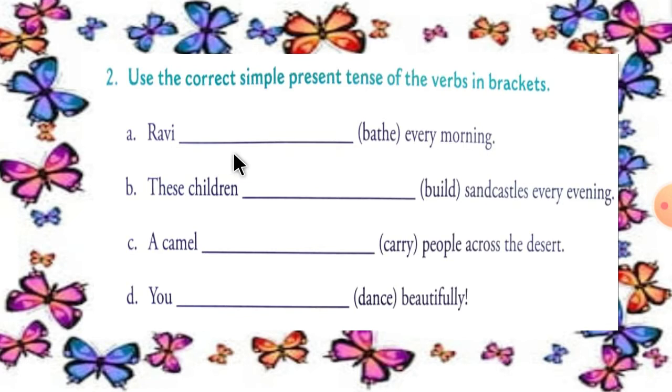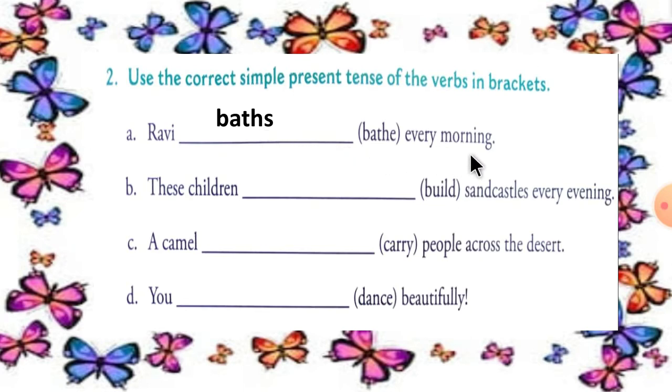Ravi dash every morning. In bracket the verb bath is given. So the correct answer is baths. Ravi baths every morning.